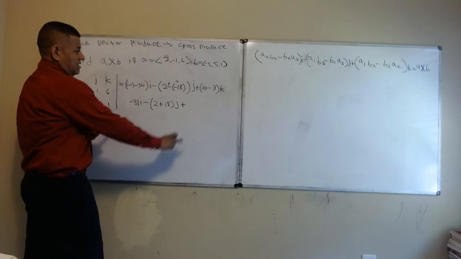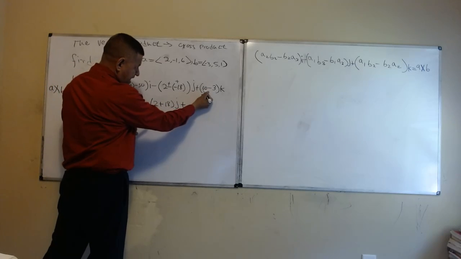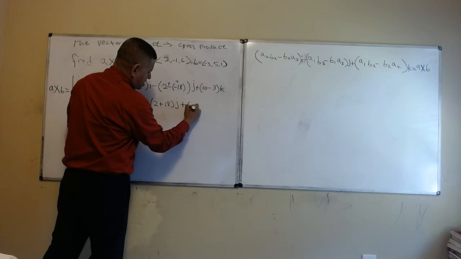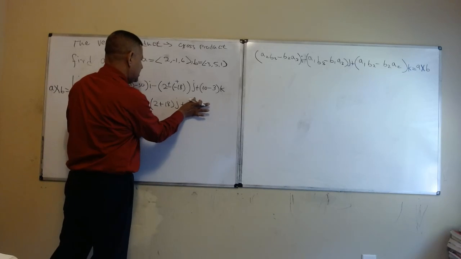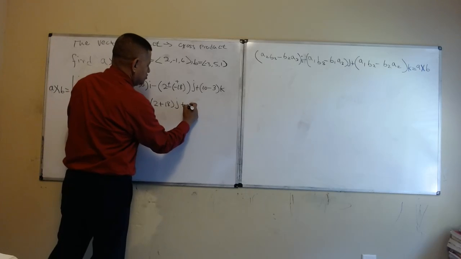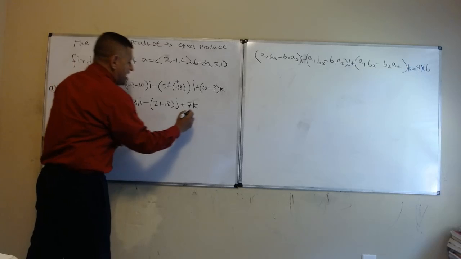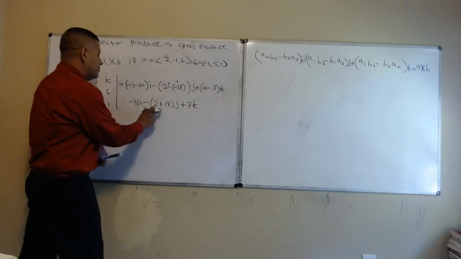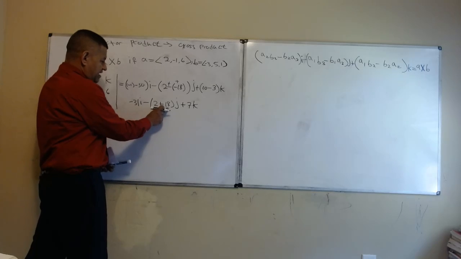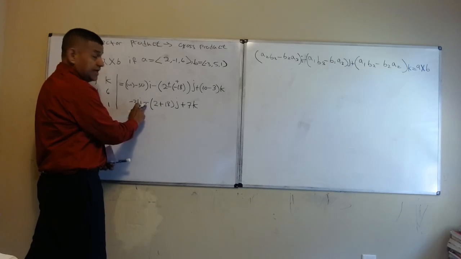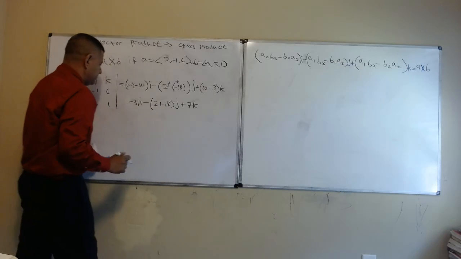Again, I do 10 minus 3, which is going to be 7, right? In this case, you don't have to put the parentheses, just put 7K. I still keep the parentheses here because A, I have not done the math inside here, and B, I have to take care of this sign. This belongs to the J, right?